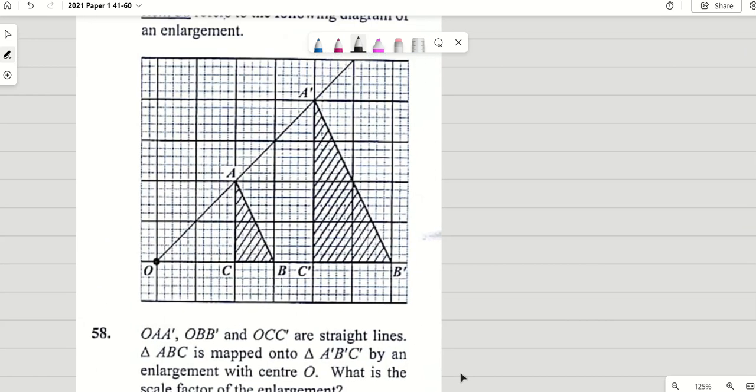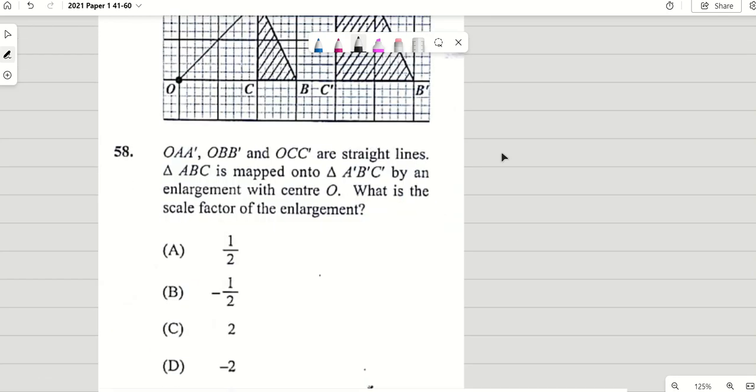Now, to find your scale factor, it is always your image divided by your object, right? Your image, well, let's just take this length as 1, 2, 3, 4. So that's 4 divided by your object, which is 2. 4 divided by 2 is 2. So your answer would be positive 2 or C.